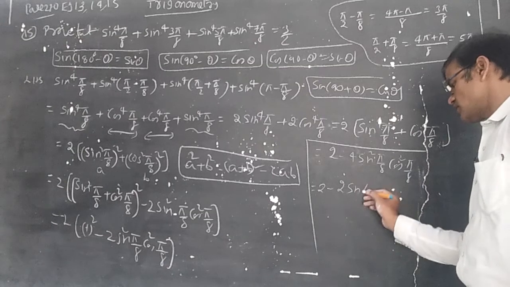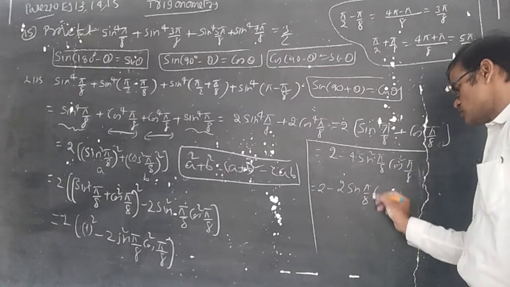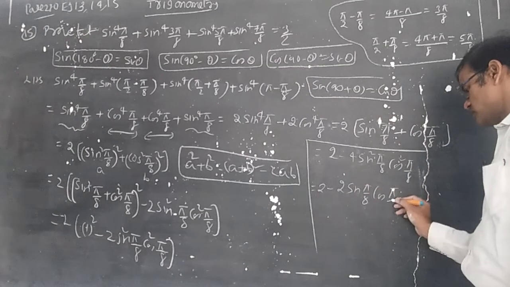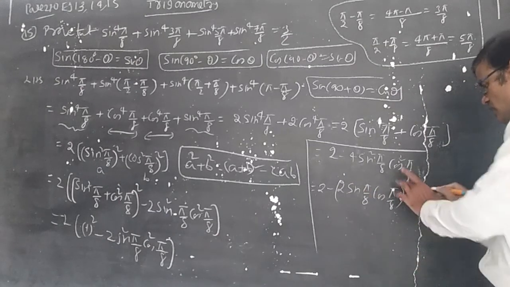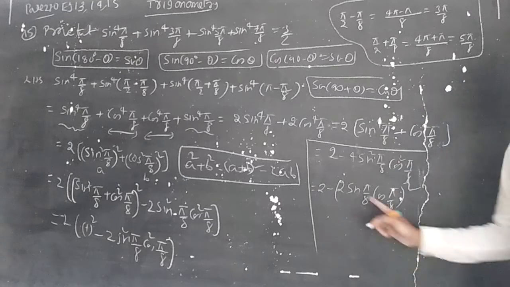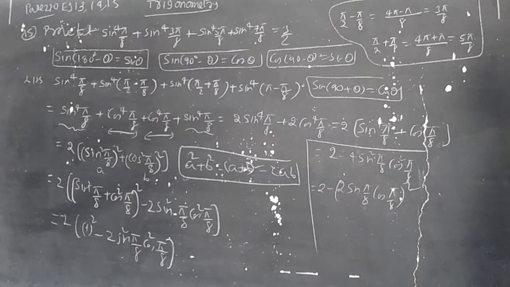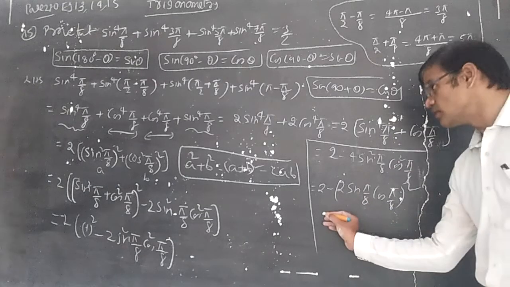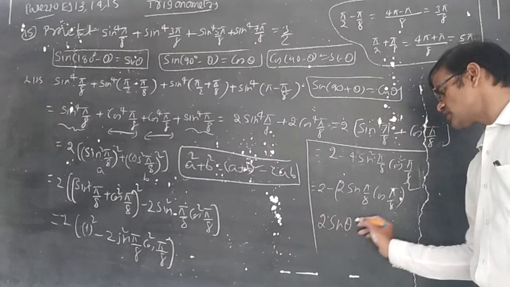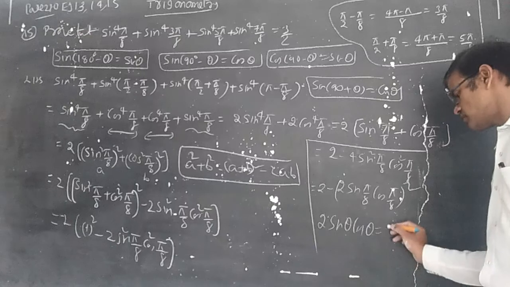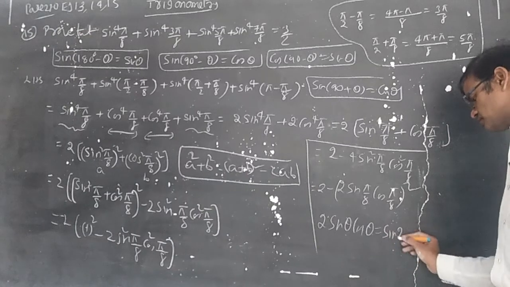Try to understand that step as 2 sin pi by 8 cos pi by 8 total square, because here 2 square means 4, sin square pi by 8 cos square pi by 8. Try to understand the formula that 2 sin theta cos theta is equal to sin 2 theta.